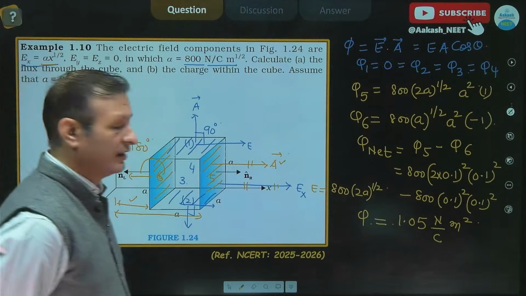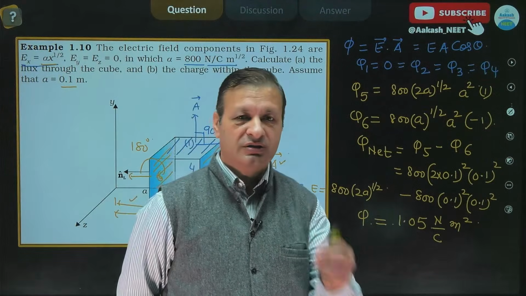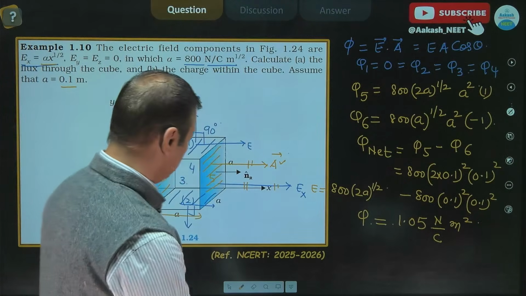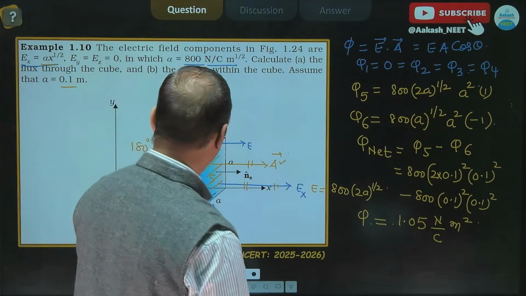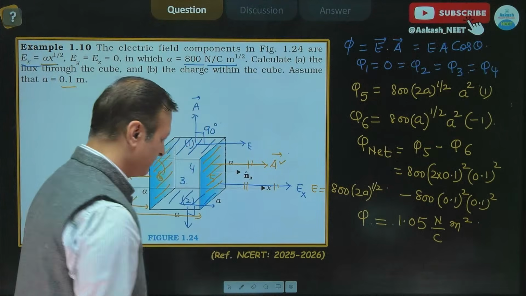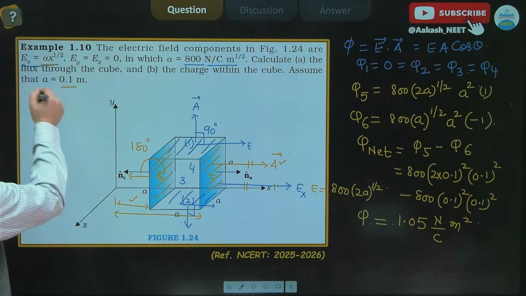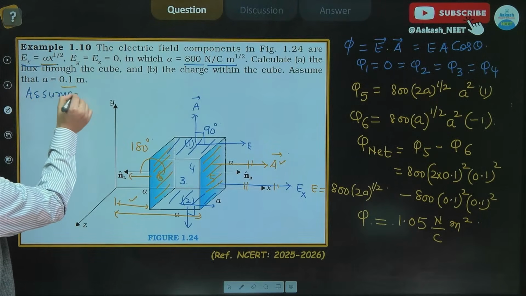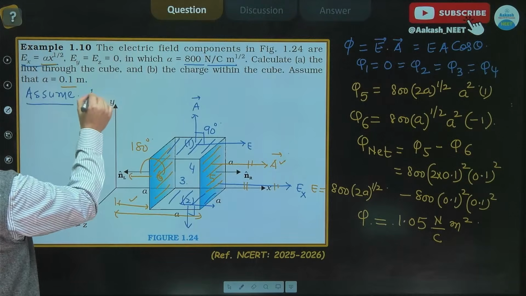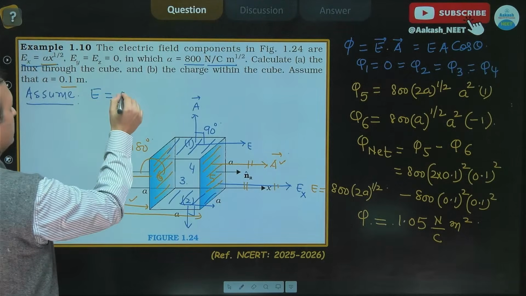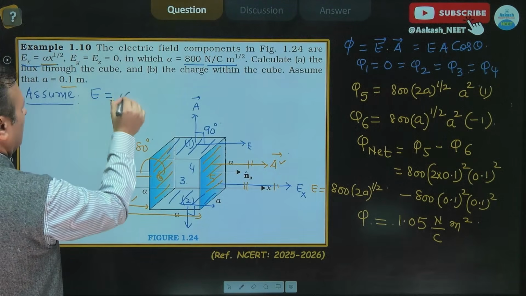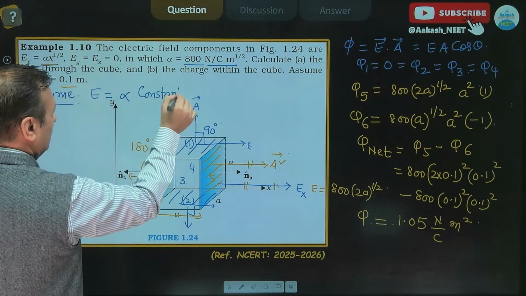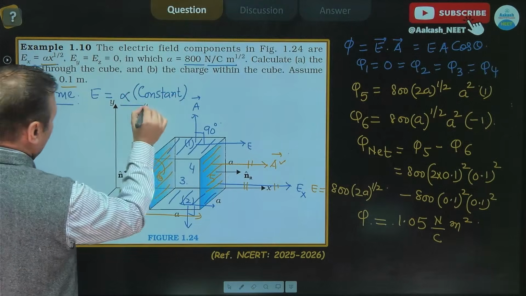Shall I give you just a bit of twist in this numerical, so that it would add more to your concept? Let's suppose, assume the electric field to be just alpha, which is constant.